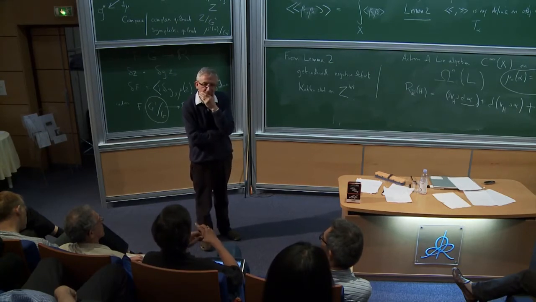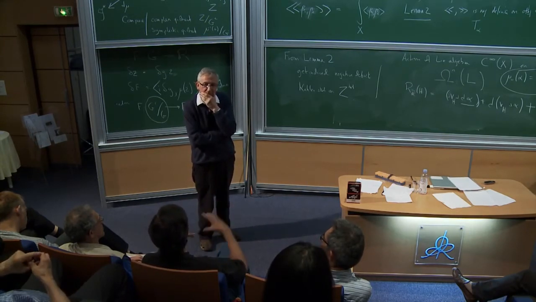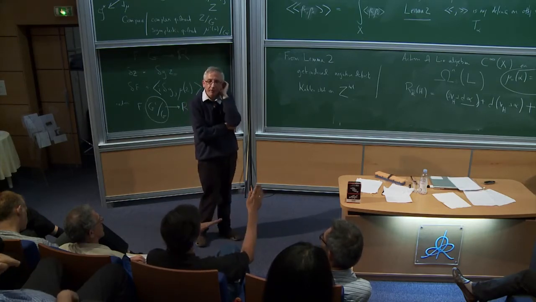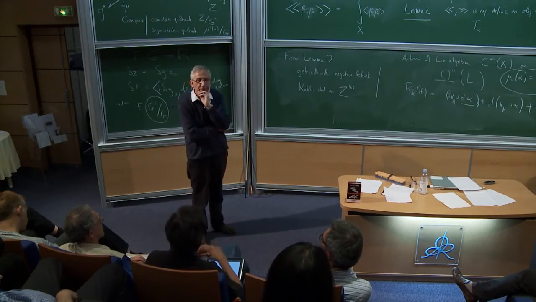The conjecture is that B of the symplectomorphism group should be the moduli space of complex structures on surfaces. Is it? It should be related, obviously. Yeah, exactly, this should be related.